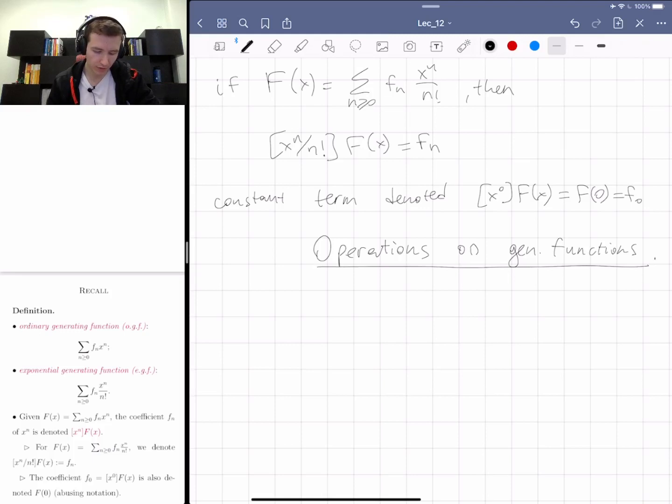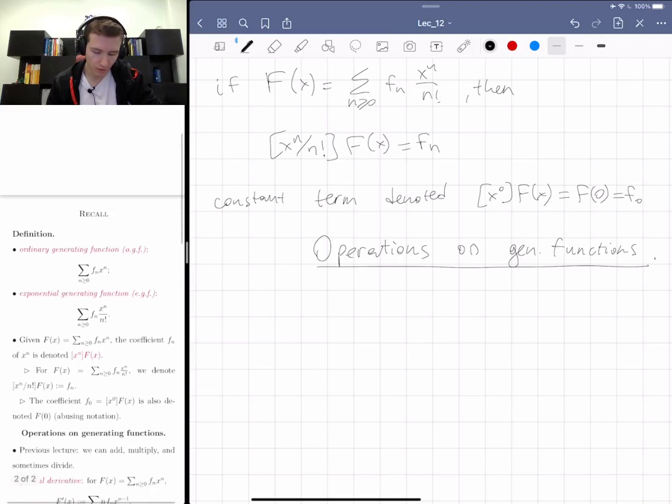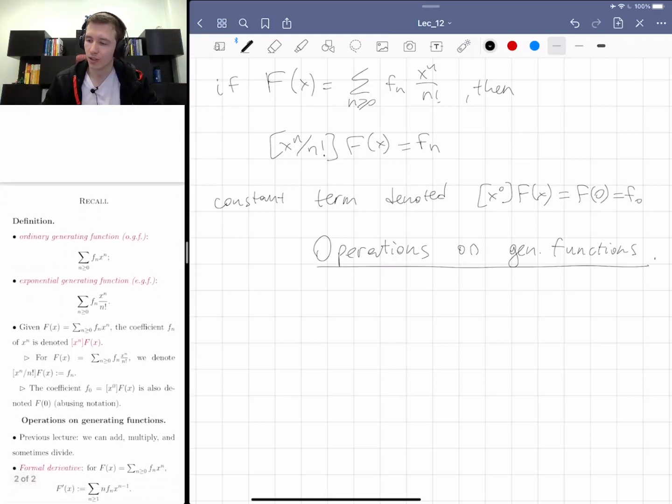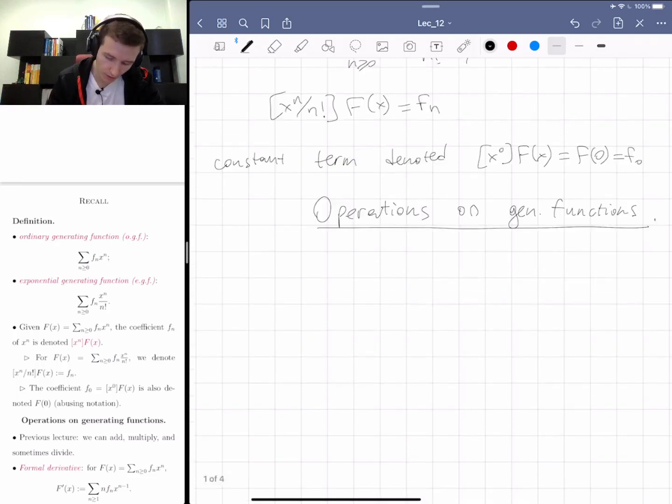Right, derivative is something you learn where you have to change x by a little bit and then measure how much the function changes. So I'm not going to do that. I'm just going to do it formally, because the series may not converge. And it's very easy to define formally.